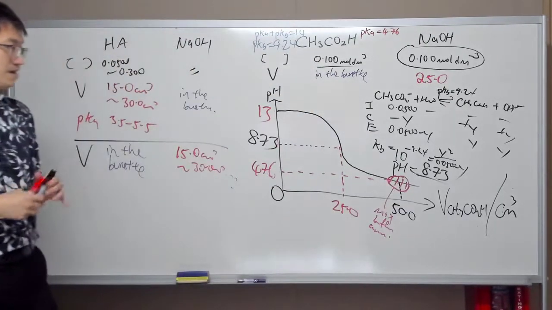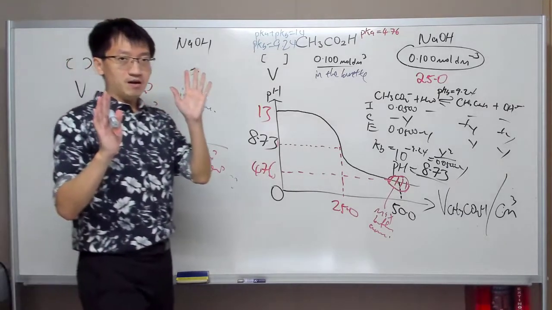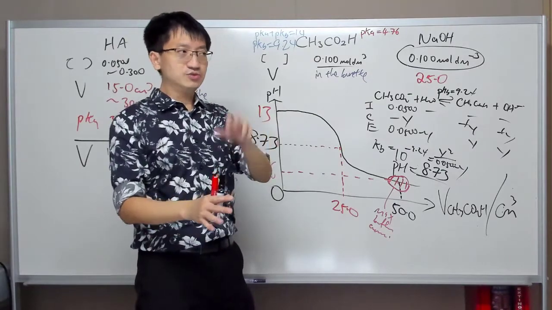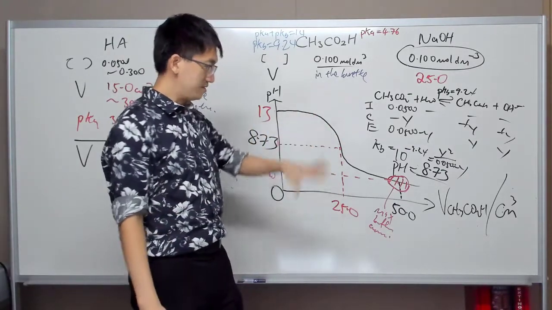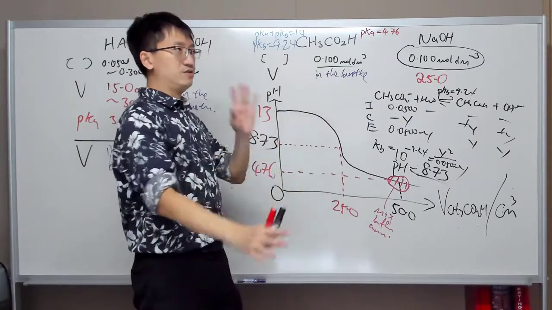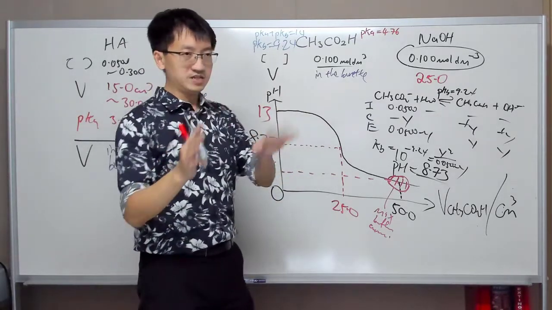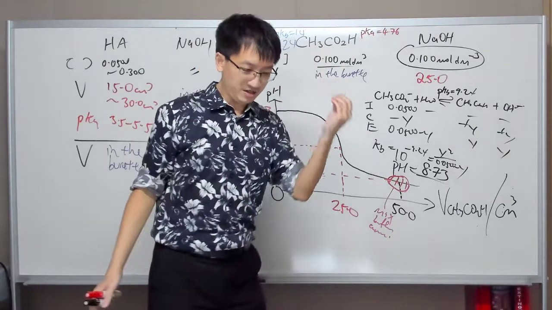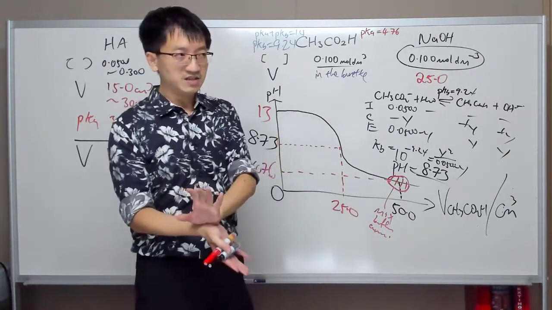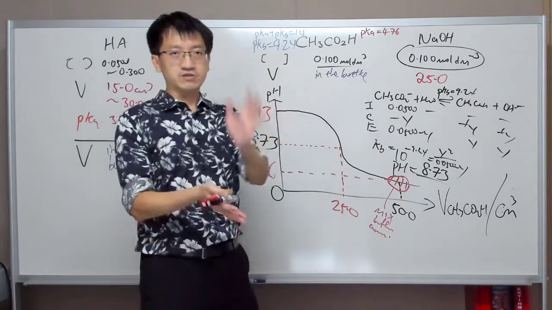Okay? Yeah. But for the record, may I suggest that you do not memorize all this. Don't memorize that, like for a strong base weak acid titration, if the weak acid is in the conical flask, maximum buffer capacity is half equivalence point.